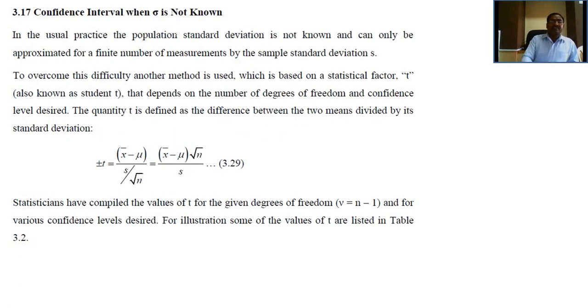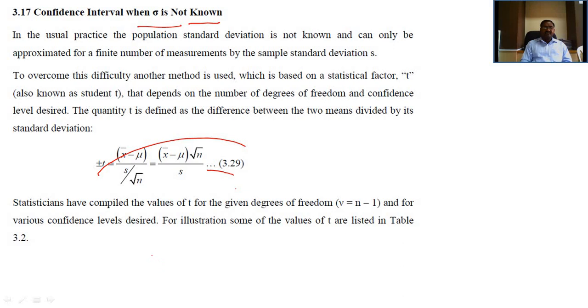The confidence interval when sigma is not known. That time we are using this formula. When the sigma value is not known, t is equal to plus or minus x bar minus mu by s by root n. That equation is also written as x bar minus mu into root n by s.